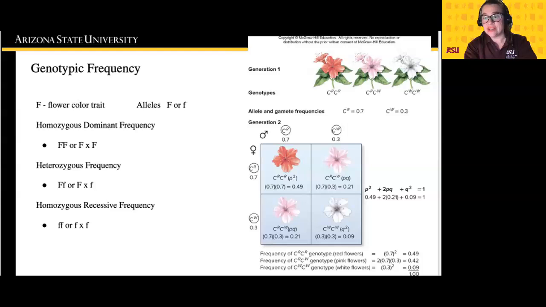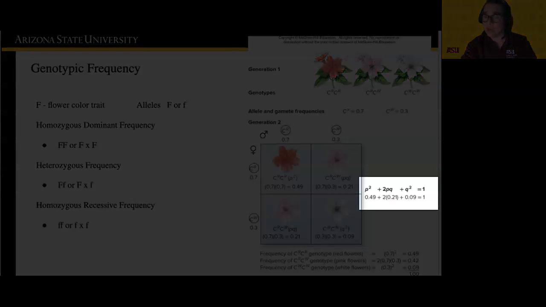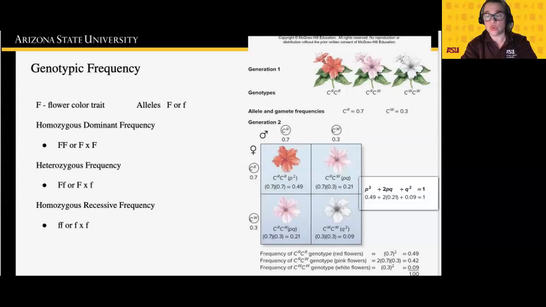Because of this, we need to multiply the heterozygote big F times little f times 2 in order to account for both of the 2 intermediate genotypes. The Hardy-Weinberg equation reads P squared plus 2PQ plus Q squared equals 1. This will give us the genotypic frequencies for the F1 generation.